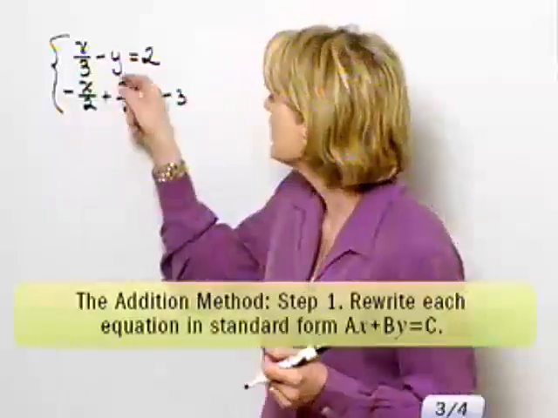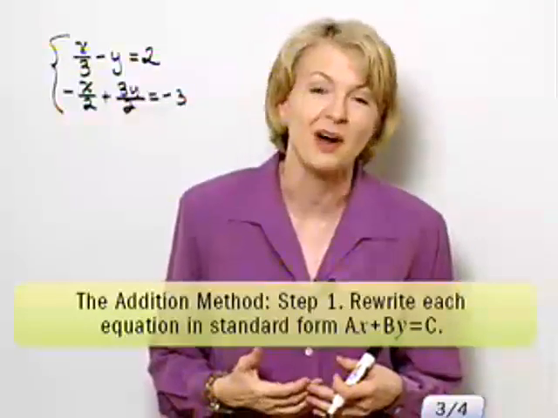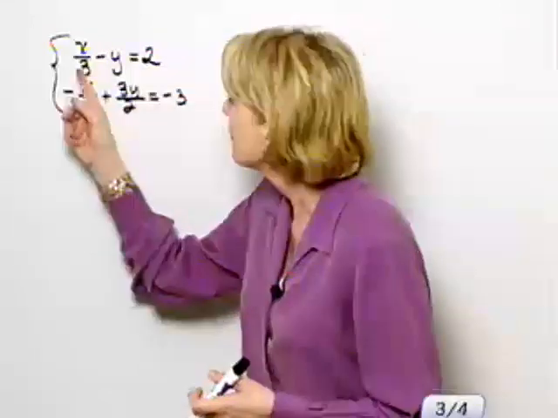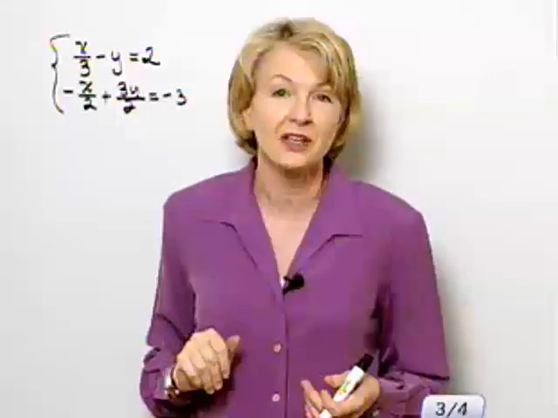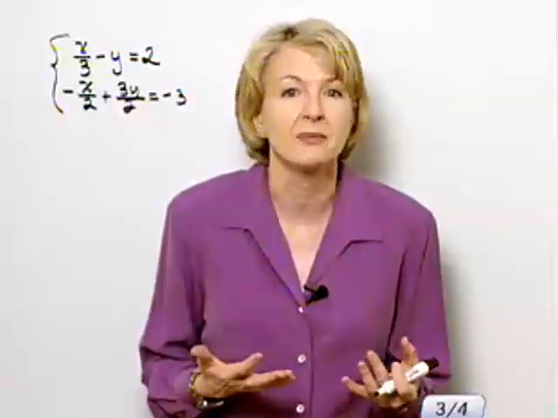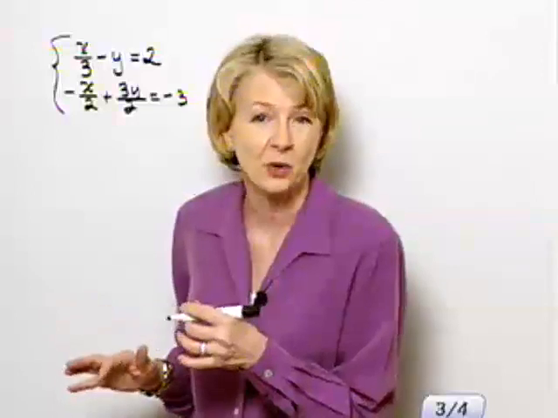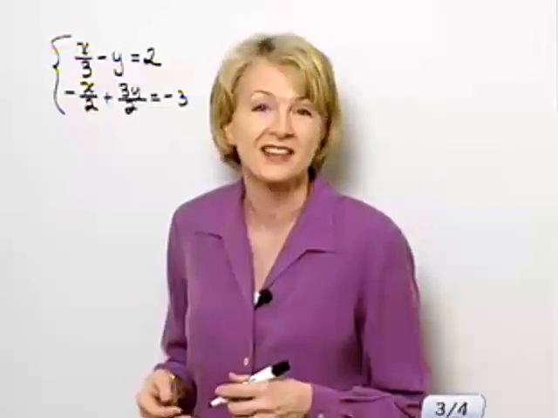Now notice, each of these equations is written in the standard form ax plus by is equal to c. The fractions may be bothering you, and if that's the case, let's take what I'll call an intermediate step, and let's just remove fractions from each of the equations, and then we can move on and solve.